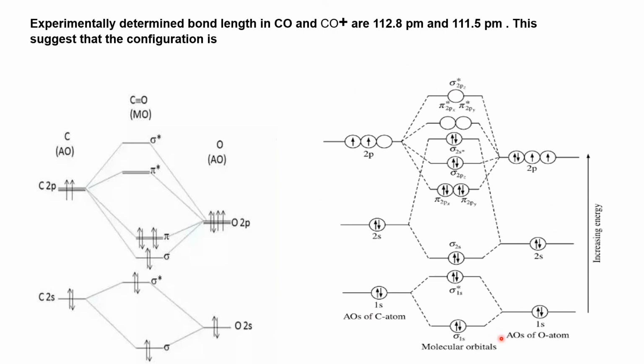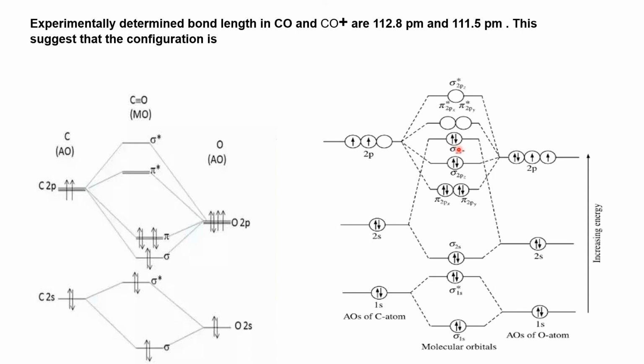Totally changed. Now you see here, look carefully. The last electron is lost from sigma star 2s, which is an anti-bonding orbital. When an electron is lost from an anti-bonding orbital, naturally the bond order decreases.